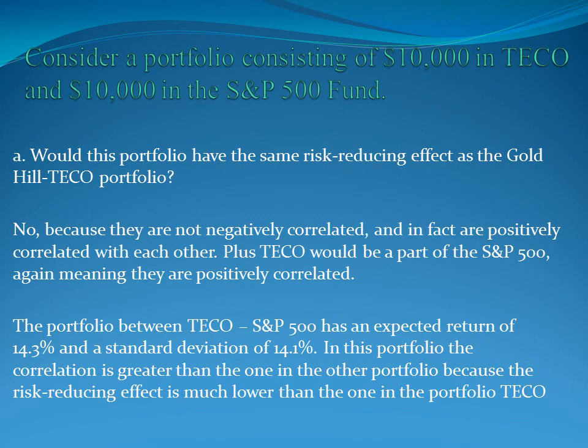The portfolio between TICO and S&P 500 has an expected return of 14.3% and a standard deviation of 14.1%. In this portfolio, the correlation is greater than the one in the other portfolio because the risk-reducing effect is much lower than the one in portfolio TICO.